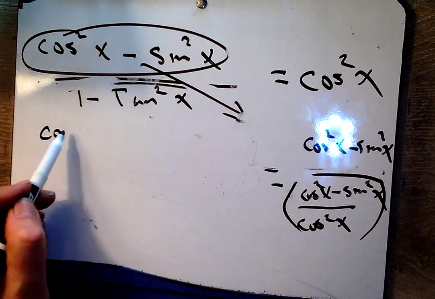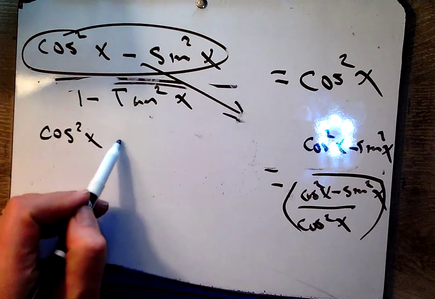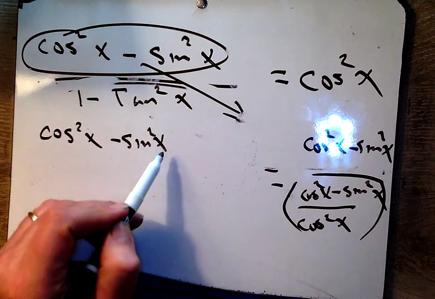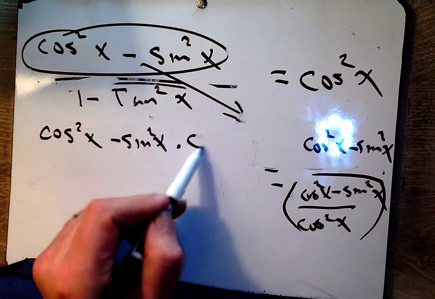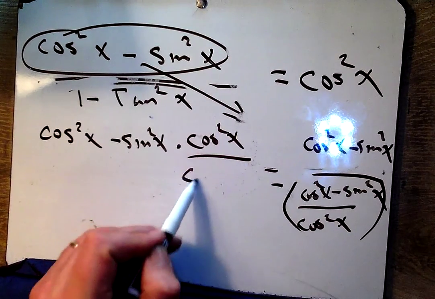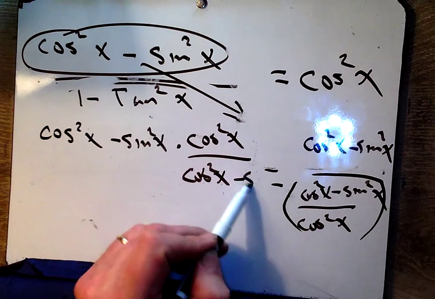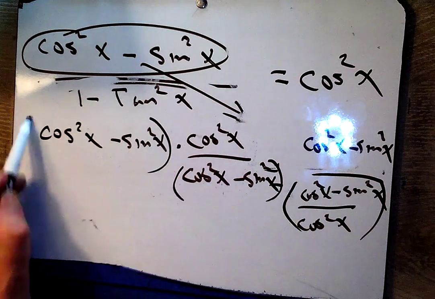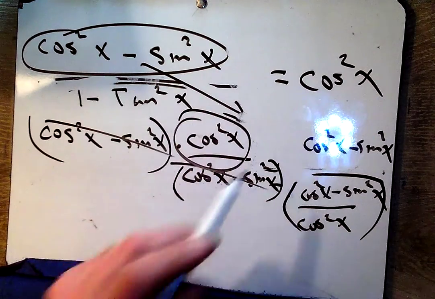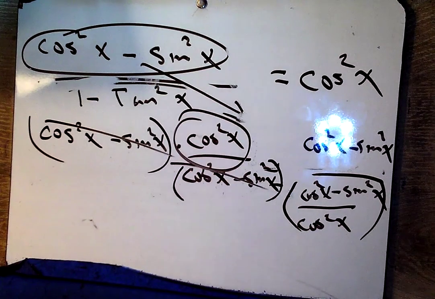So we've got cosine squared minus sine squared on top times flip, cosine squared over cosine squared minus sine squared. Oh, look, these are the same, and we are left with cosine squared.